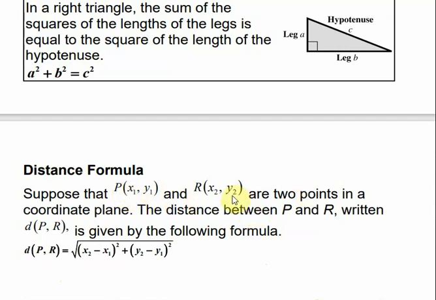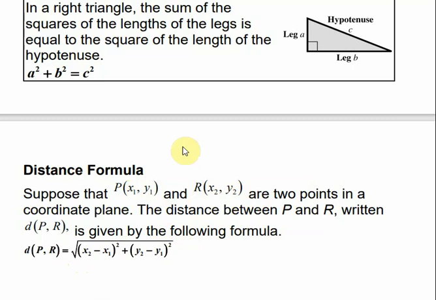So if you have 2 points, x y and x y, if you take the two x's and subtract them and square them, and then you take the two y's and you subtract them and square them, the square root of the sum of those two would be the distance between the 2 points.